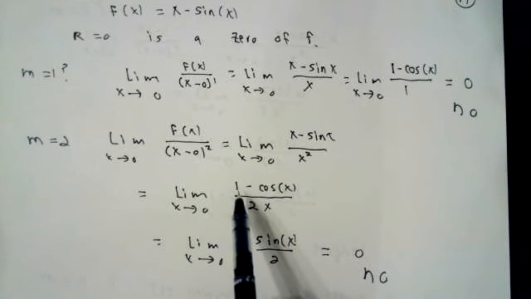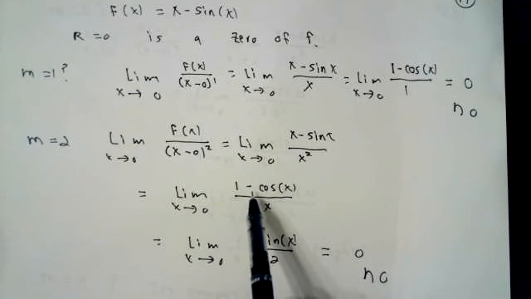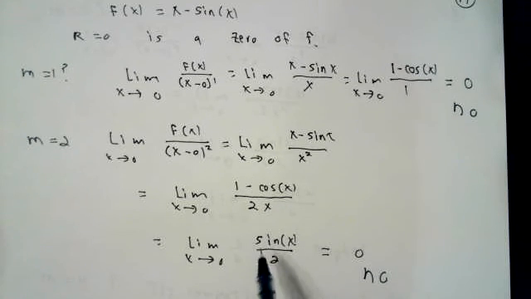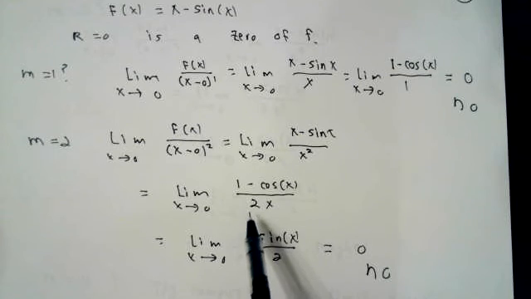The derivative of 1 is 0. The derivative of minus cosine x is sine x. The derivative of 2x is 2. This is now not an indeterminate form. I need to take the limit of 1/2 of sine x as x tends to 0.